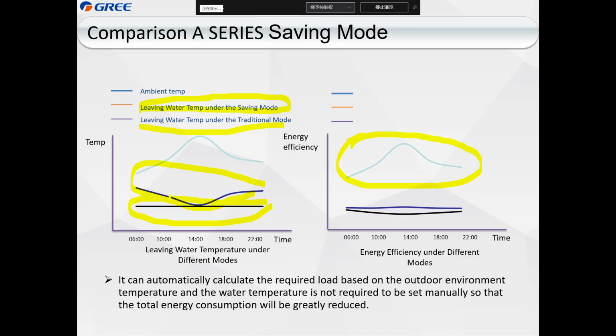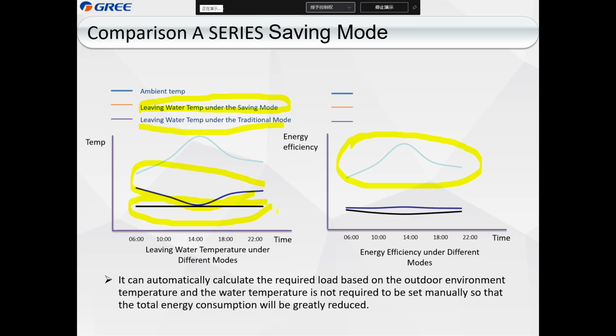So you see, when the ambient temperature is lower, the outlet living water temperature will become higher. So the energy consumption will decrease because the outlet temperature increases. That means the compressor consumes less energy. But for the traditional mode, the living temperature is always the same.